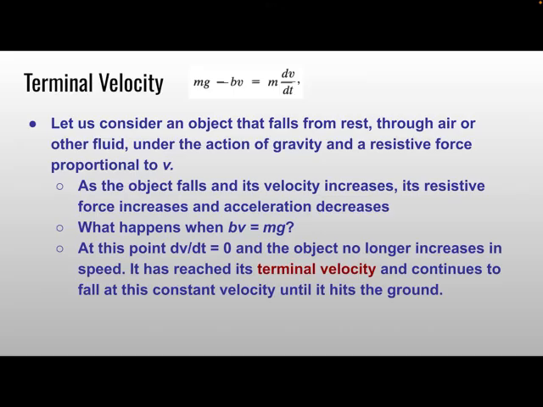This constant speed is known as terminal velocity. Once terminal velocity is reached, the velocity is constant, so the drag force does not increase anymore, and we're left with the term bv at a set value.